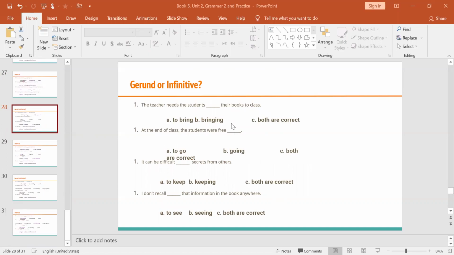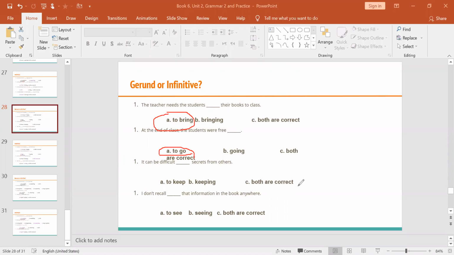The teachers need the students what? To bring. At the end of the class, the students were free to go. It can be difficult to keep secrets from others or keeping secrets from others.